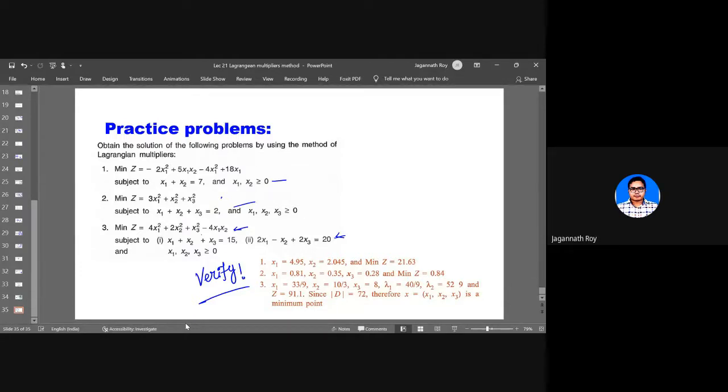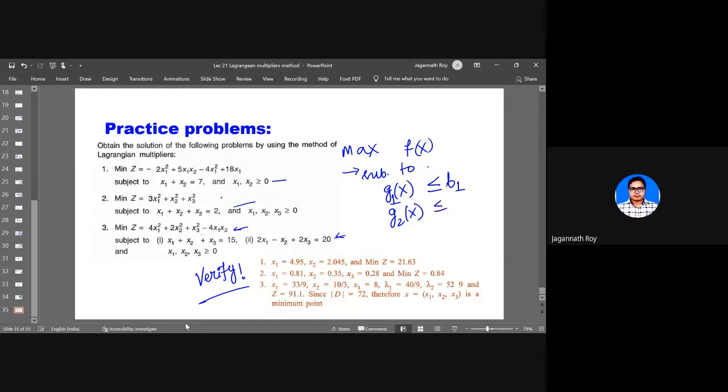And then in the next class, we'll define, if we have f of x to minimize, or in fact maximize, if it is maximization, then we will have inequality. Subject to, for example, g of x less than or equal to b, or we can write it with many variables, many constraints.